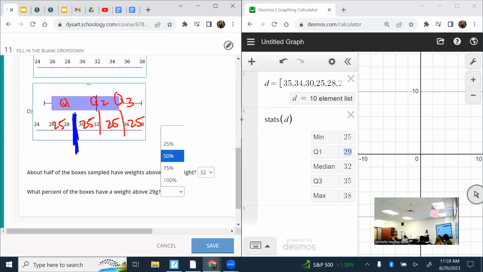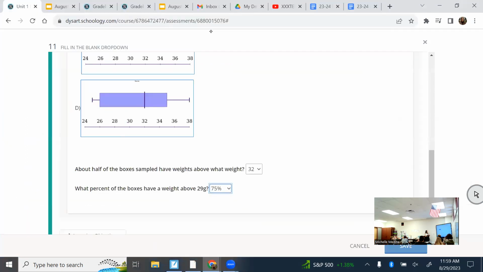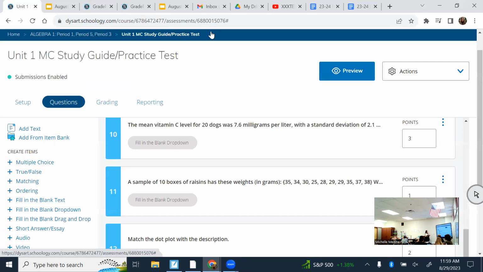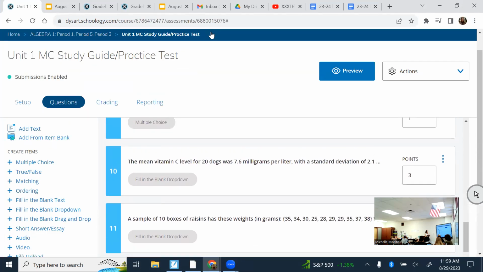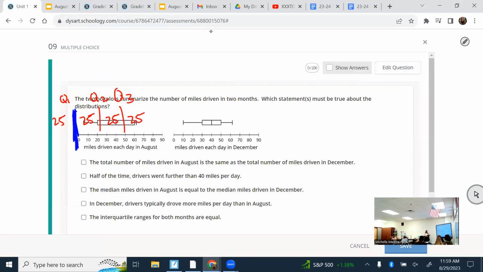From either study guide, you might have time for one more. Yes, number 9 on this one, or I thought we did that. So let me check. Yeah, this one was the first one we did today.